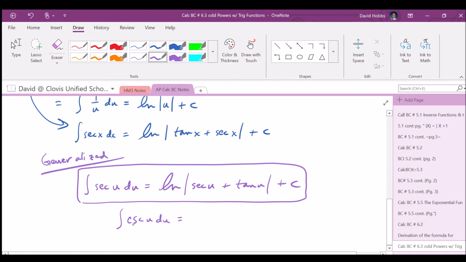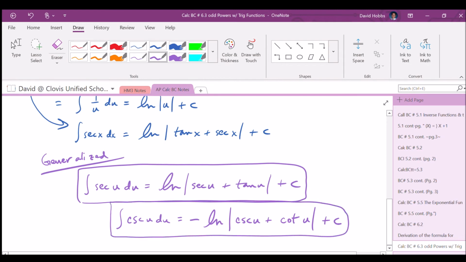What's nice about this, it starts with a C, and so it's negative natural log absolute value cosecant u plus cotangent u plus a constant. So really you're almost getting two formulas for the price of one here. If you remember the secant u, then the cosecant one is so similar that you basically have it.